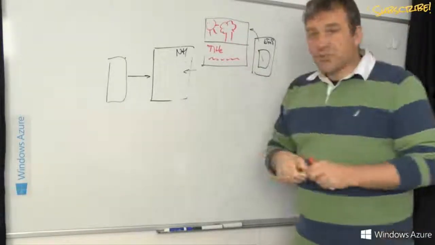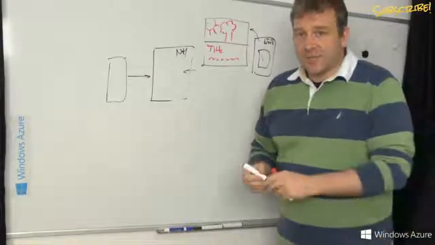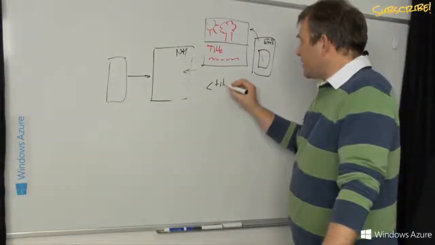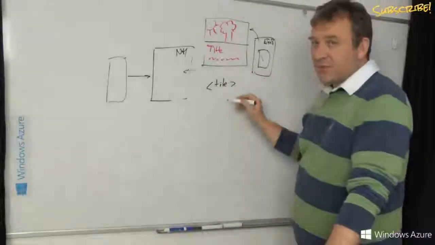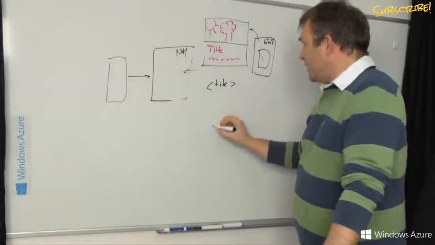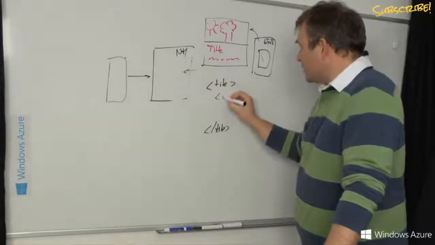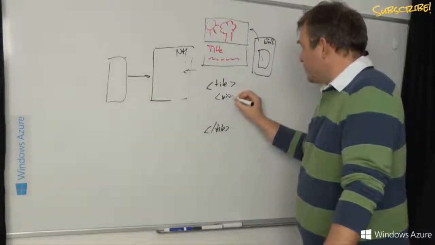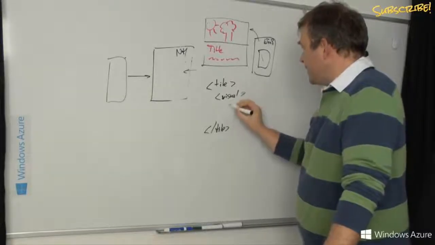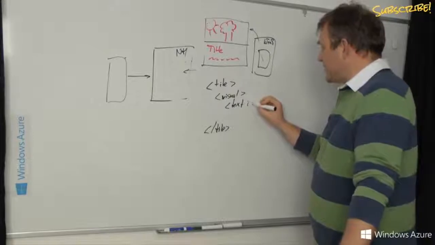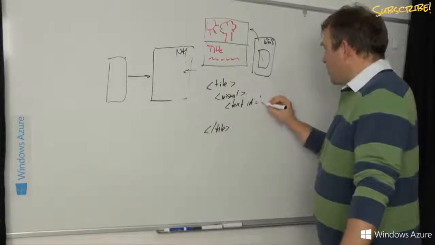Those tiles are expressed through templates, and those templates are expressed in XML, and they start with tile, from some namespace. Inside that tile there are what's being called visuals, and inside of that is, for instance, a text tag, and that text tag has an ID, and the ID is 1.